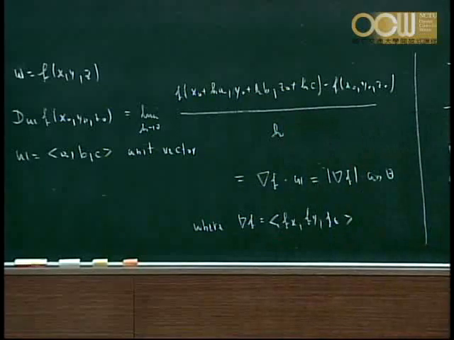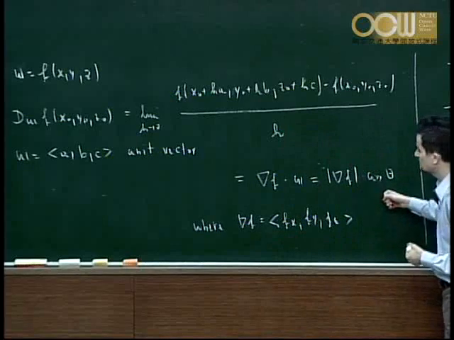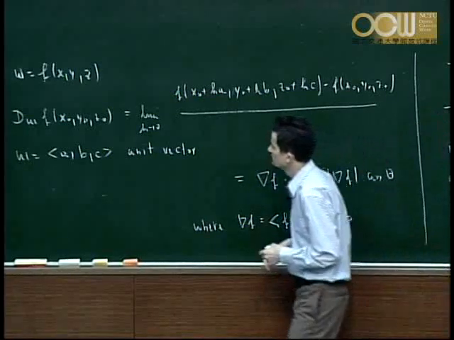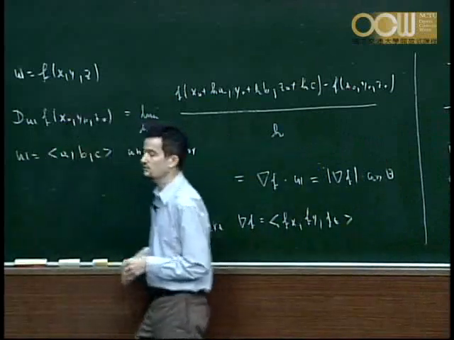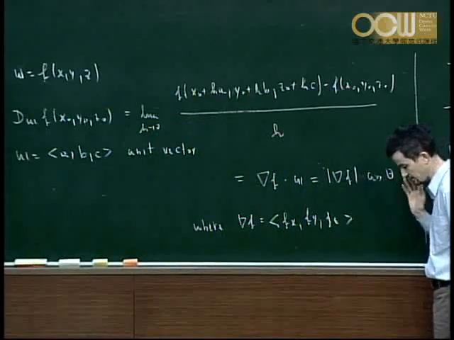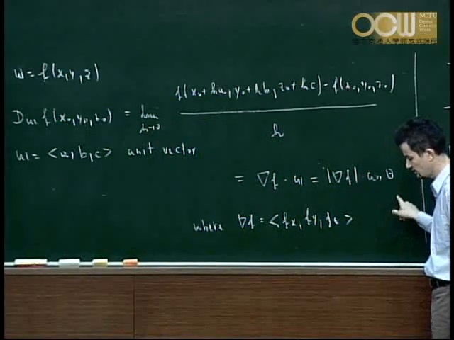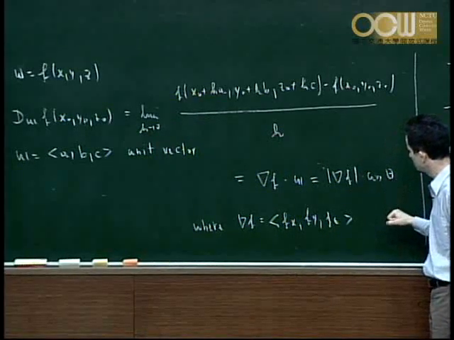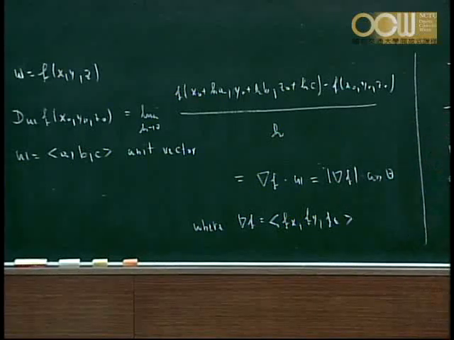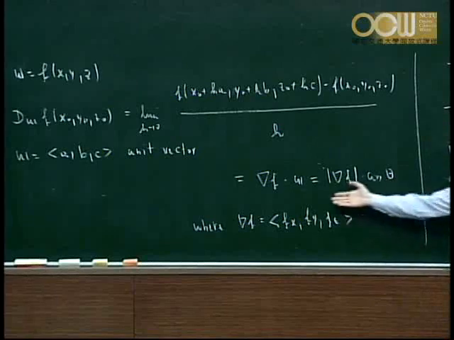You see that this is maximal if the cosine is equal to 1, which means that theta is equal to 0, or pi, but pi is not true because the cosine of pi is -1, so it's 0. This means that u must be in the direction of the gradient, and the maximal value is given by the length. Of course, this is trivial. You immediately see this from the definition here.